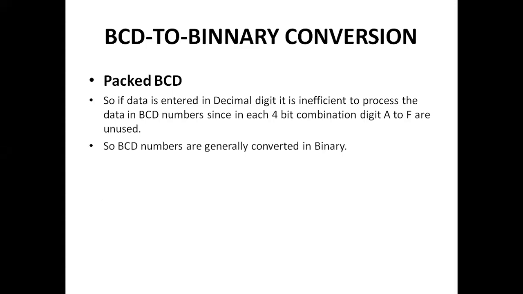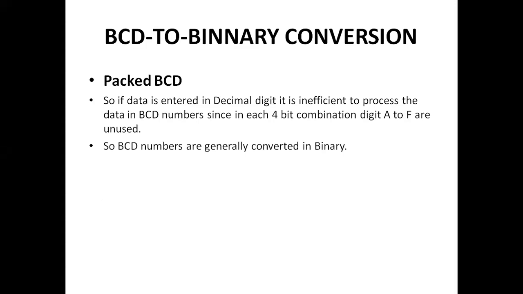So if the data which is being entered is in decimal digits, the microprocessor is unable to process it because of the limitation of the size of the BCD number, because you know the BCD number starts from 0 and ends with 9.